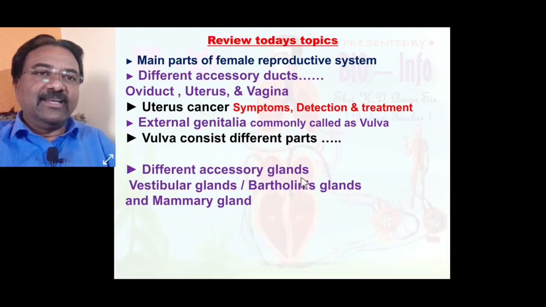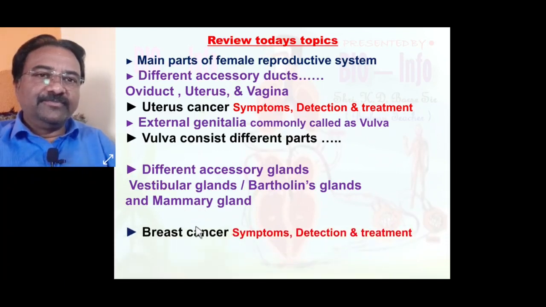Different accessory glands in the female reproductive system are the pair of vestibular glands or Bartholin glands and the pair of mammary glands. Also breast cancer, its different symptoms, detection tests and treatment measures.